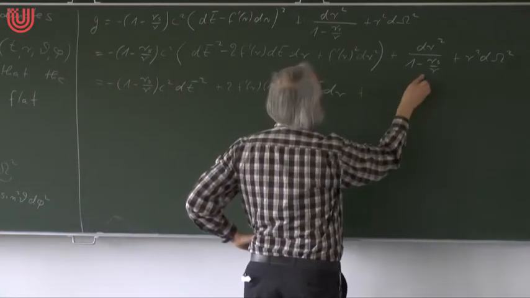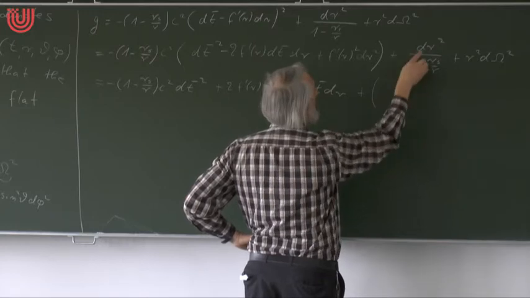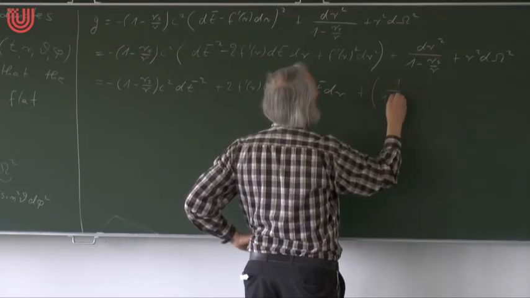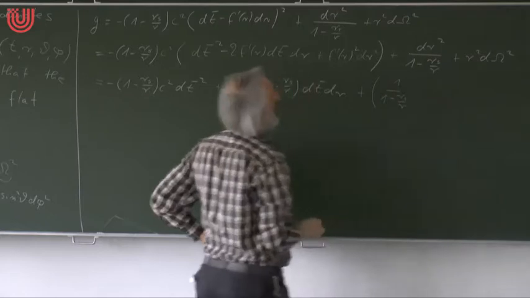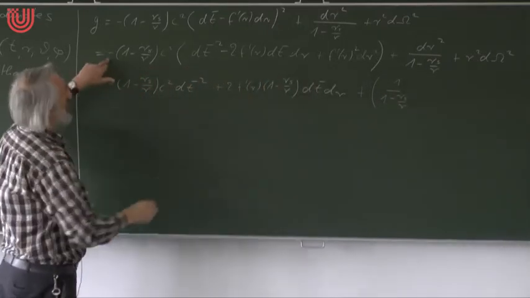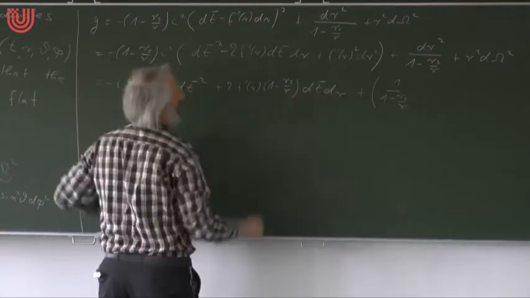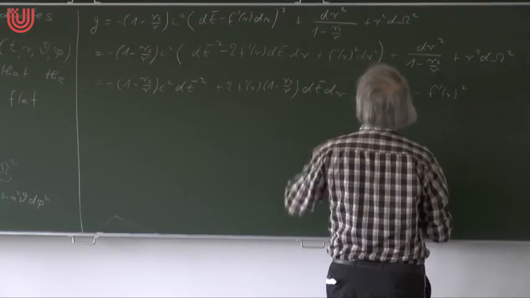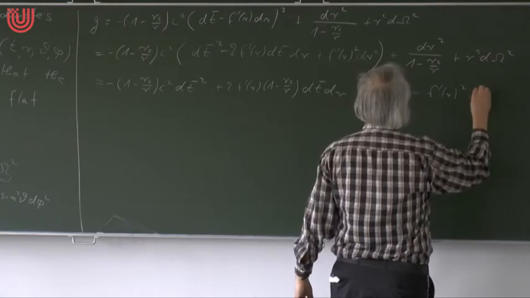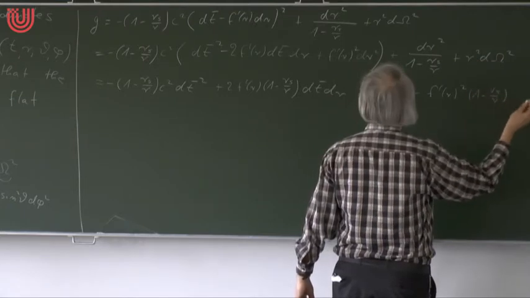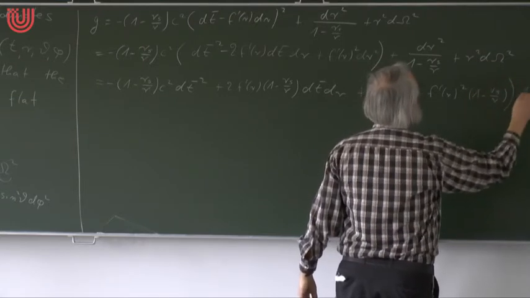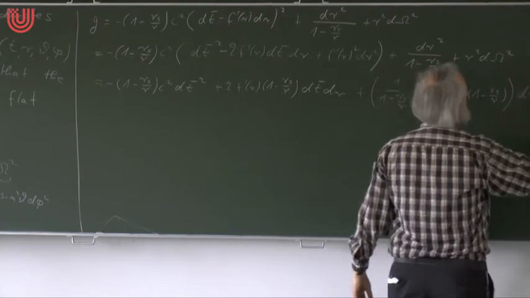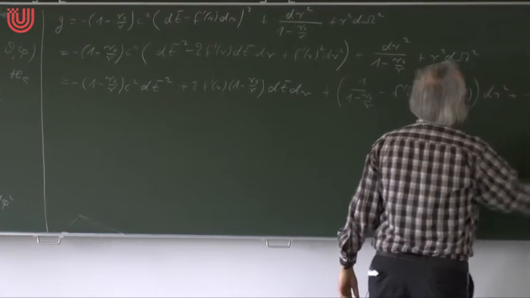So let me begin with this term. There we have in front of the dr squared 1 over 1 minus Rs over R, and then we get this term here. This is minus f prime of r squared times 1 minus Rs over R dr squared plus r squared d omega squared.